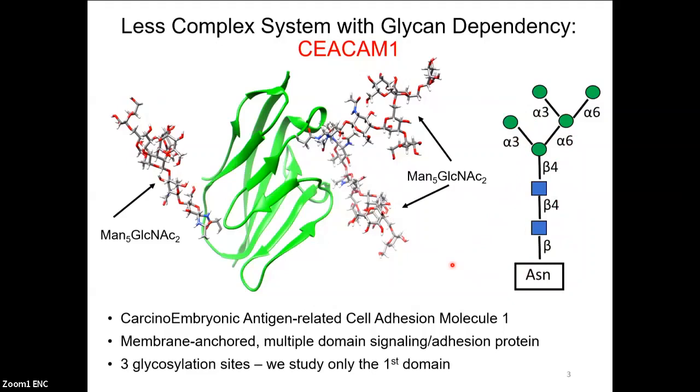This particular piece that we work on has actually been engineered to be almost fully glycosylated on all 3 sites and to contain only this particular form of a glycan. So it's not really a native glycosylation, which has a very diverse set of different types of glycans.